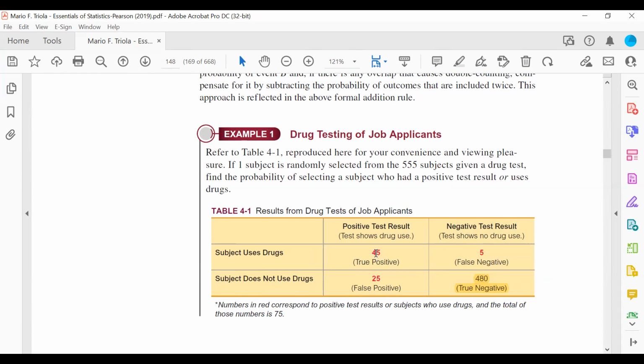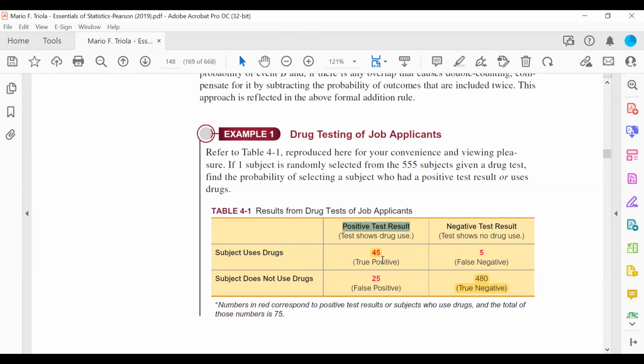Now let's look at this one right here, this 45. What does this 45 represent? That 45 represents the people who were asked, did you use drugs? They said, yes, I use drugs. Guess what the test results said? You're right, they tested positive.